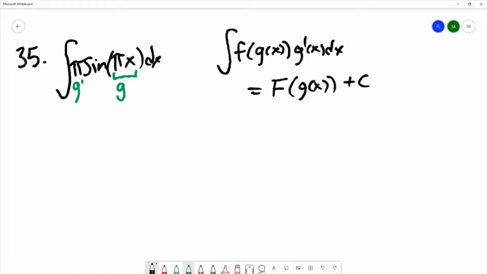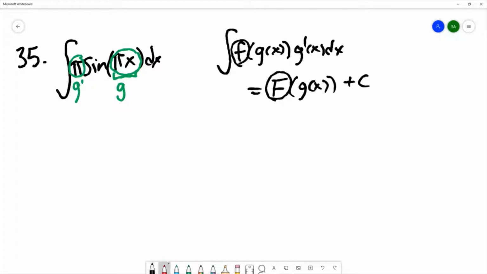So that's what I was looking for in this example. I was looking for the inside function and the derivative of the inside function before I was able to apply this antiderivative rule.